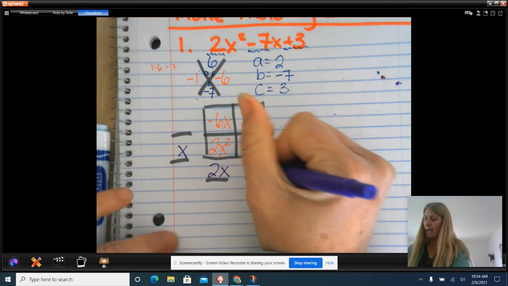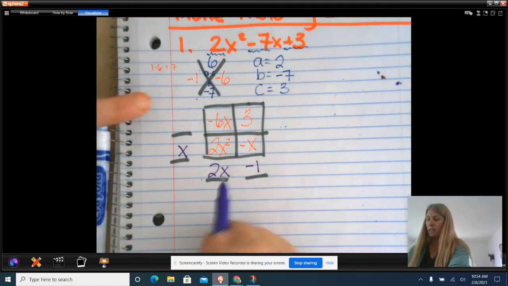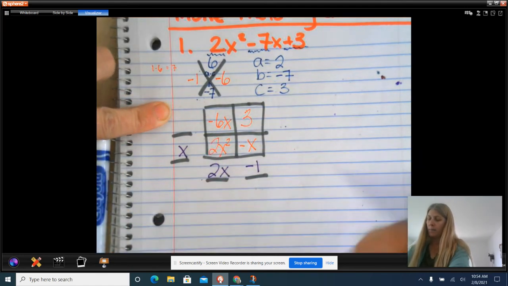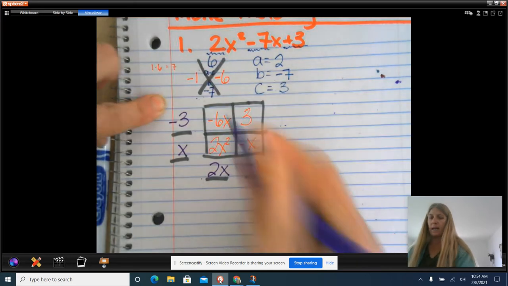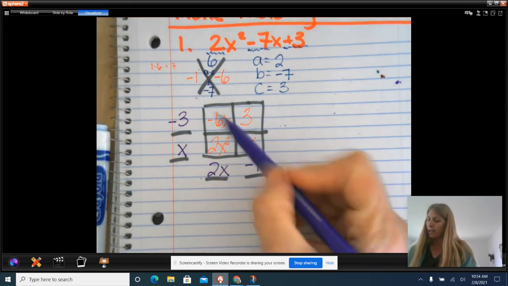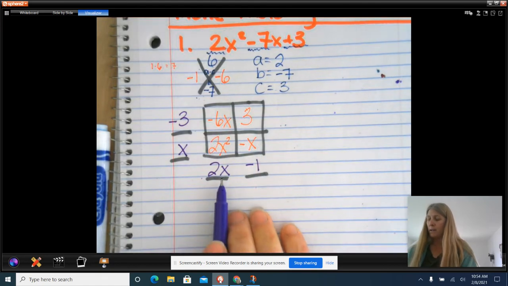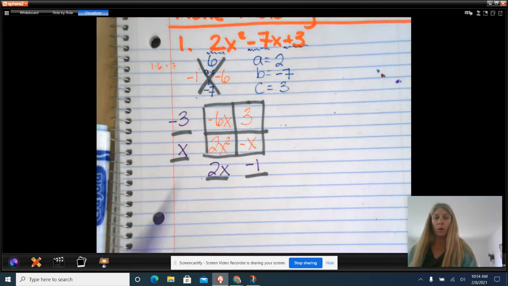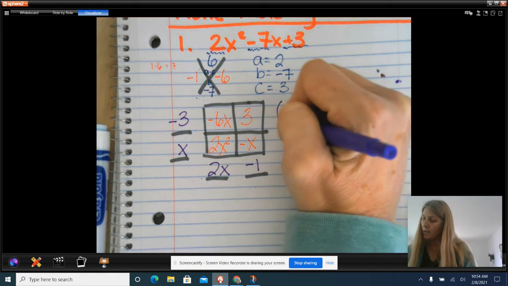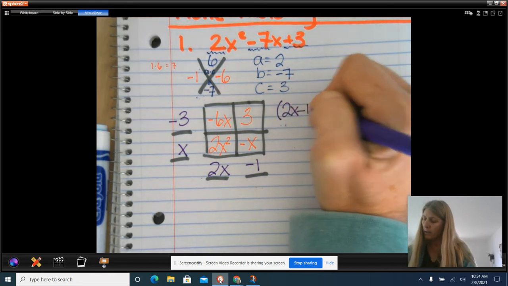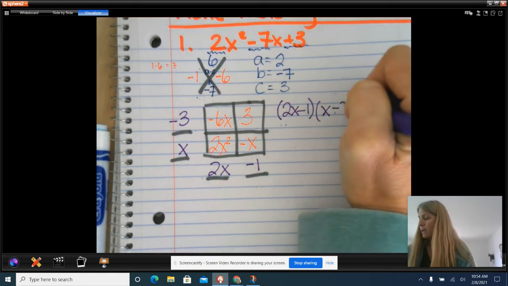X times negative 1 gives me negative x. And 2x times negative 3 gives me negative 6x. I take a look, and yes, indeed, negative 3 times negative 1 is positive 3. So I take those answers, 2x minus 1 and x minus 3.